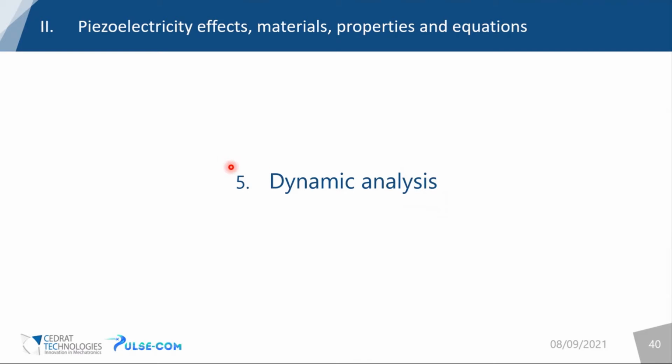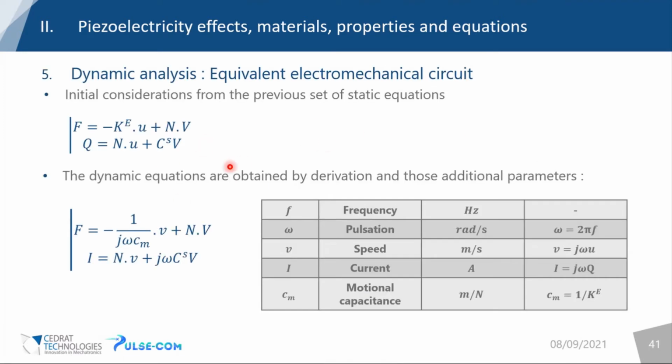Now, what happens when we are in the dynamic regime of our piezo actuators? The previous equations, which are the characteristic curves of our actuator, can be derived by introducing the pulsation, so the time. We can now link the force to the voltage and the speed, and the current to the voltage and the speed.